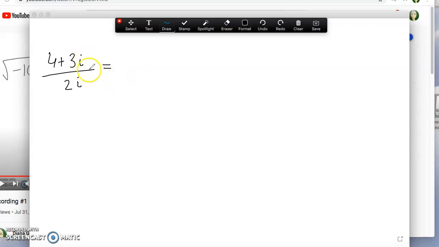Now I'm just dividing here, so I only have one term in the bottom, so I can go ahead and divide both top terms. So 4 divided by 2, that's 2i.